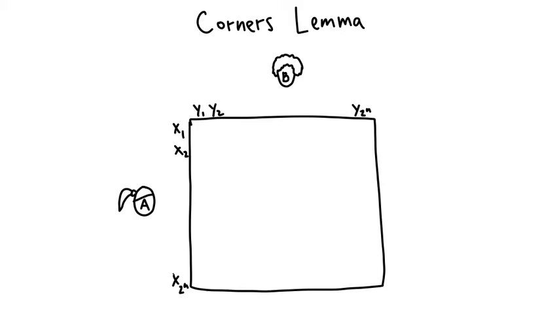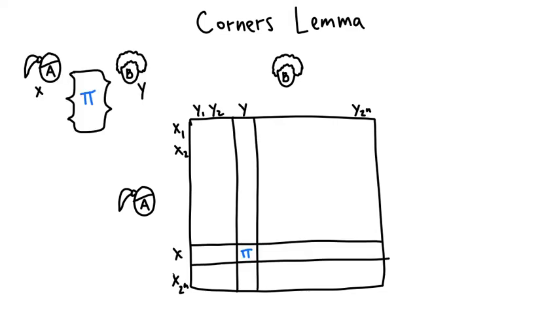Here we can imagine writing our communication protocol as a matrix. Let's imagine a deterministic communication protocol between Alice and Bob. Alice corresponds to the rows, Bob to the columns. For each input x and y, in the corresponding entry in the matrix, we put the transcript of their communication protocol, pi.